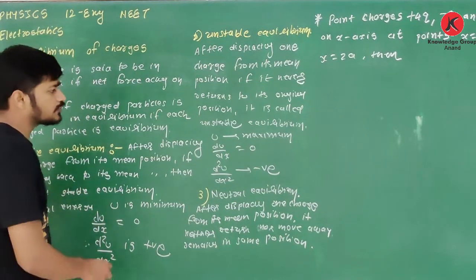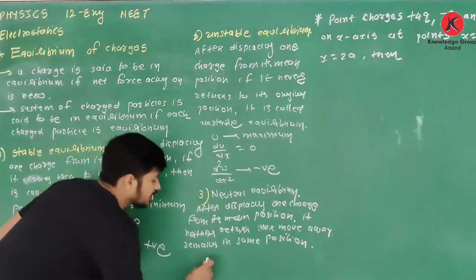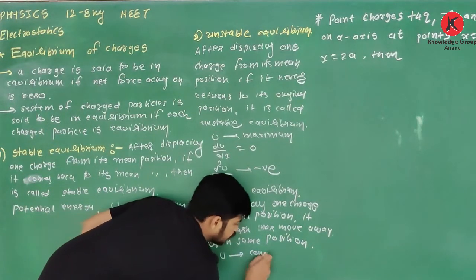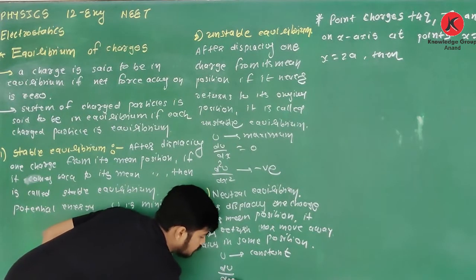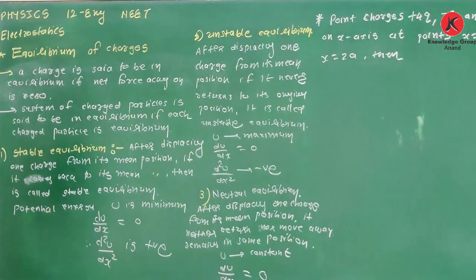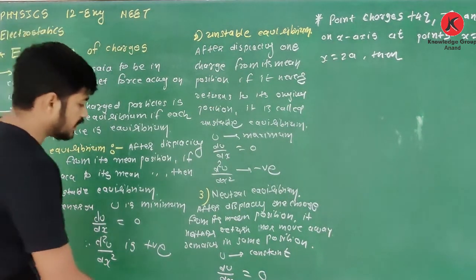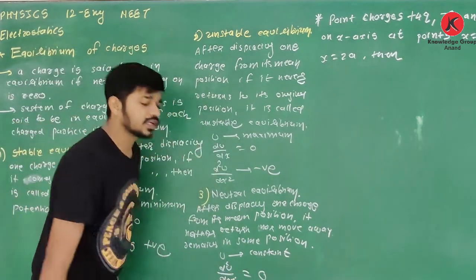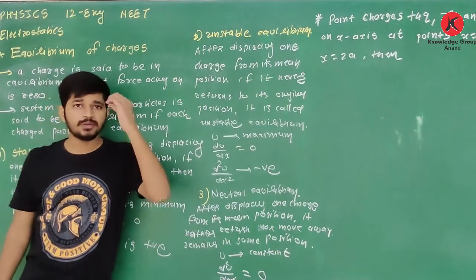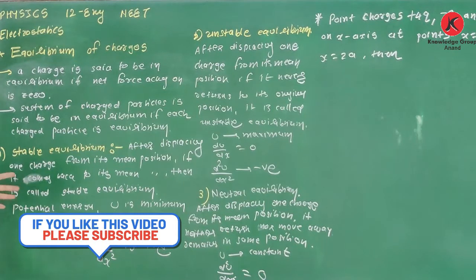And in this case of neutral equilibrium, U is constant, therefore dU upon dx is equal to 0. As U is constant, d square U upon dx square is equal to 0. Clear? So these points you have to remember. It is just theory, but you have to remember it.